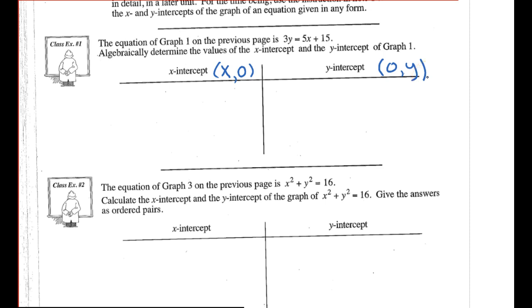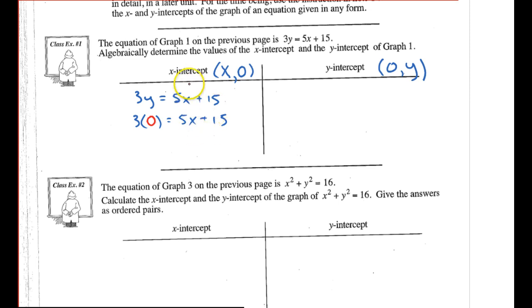So how do I figure out what the x-intercept is? Well, I first write my equation down, 3y equals 5x plus 15, and then it's just a matter of substitution for the y value. So it'd be 3, and then I'll put a bracket there, 5x plus 15, and I'm going to put the 0 in here because that is the y value that we're going to substitute in order to find the x value.